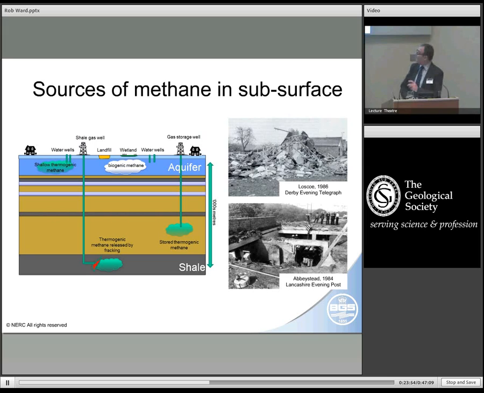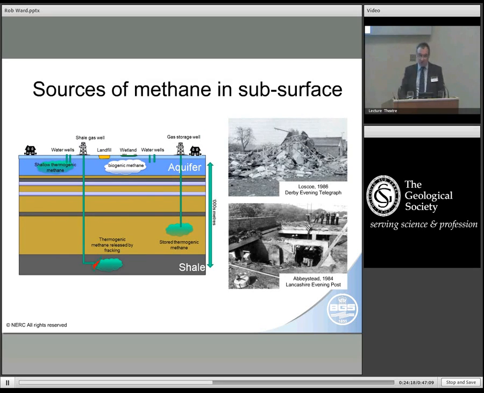And on the top there we have another explosion in Loscoe in 1986, where a bungalow exploded. Now, the sources of methane in these cases were very different. After detailed scientific investigation into the cause, the bottom explosion was caused by gas of thermogenic origin, a geological source of methane.